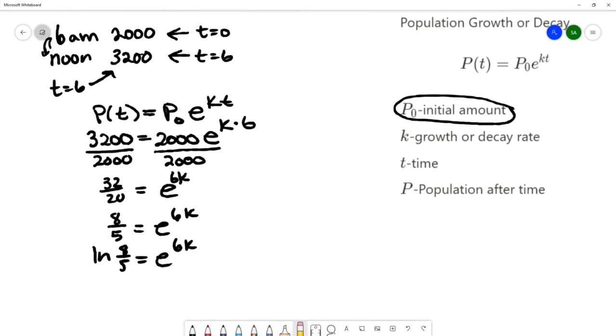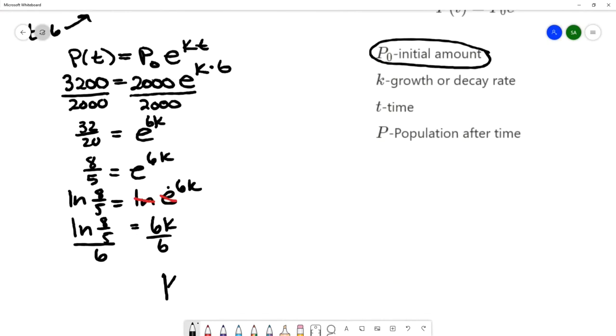I forgot to do it on the right. And natural log and e, these are inverse operations of each other, so they cancel each other out, and you're left with 6k. And we can divide both sides by 6. So this is going to give me the value of k, the growth rate. Natural log of 8 over 5 over 6.